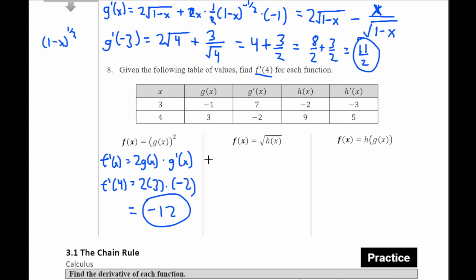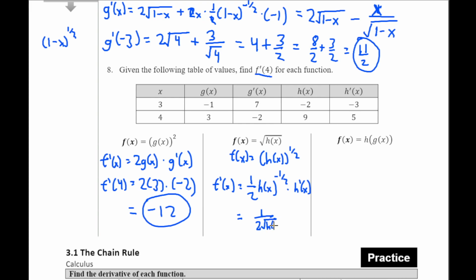This one here. Again, we're not finding the derivative yet, I just like to rewrite this as h of x to the 1/2 power. So now when I find the derivative, it's 1/2 times h of x to the negative 1/2 multiplied by h prime of x. If you're going to simplify it a bit, it'll be 1 over 2 square root of h of x multiplied by h prime of x.